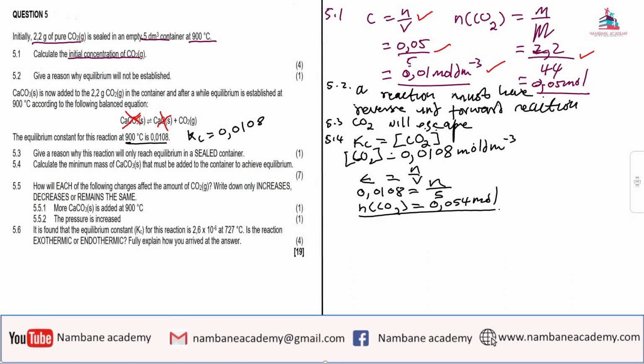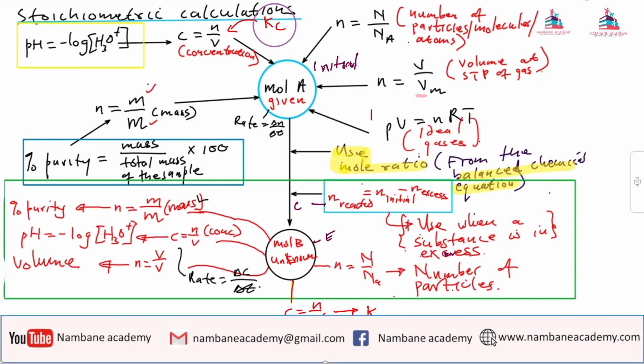So it means n of CO2, the amount that has formed, will be equal to the number of moles at equilibrium minus the number of moles initial. So this is 0.054 minus 0.05. Then this will give us something like 0.004 mole.